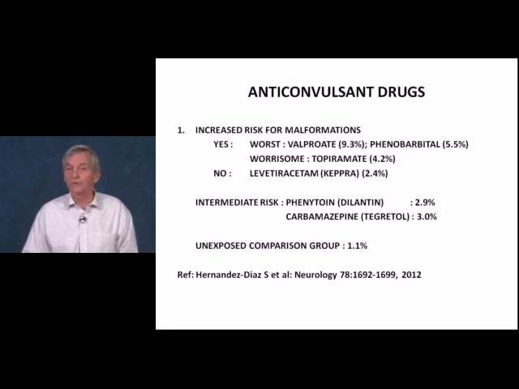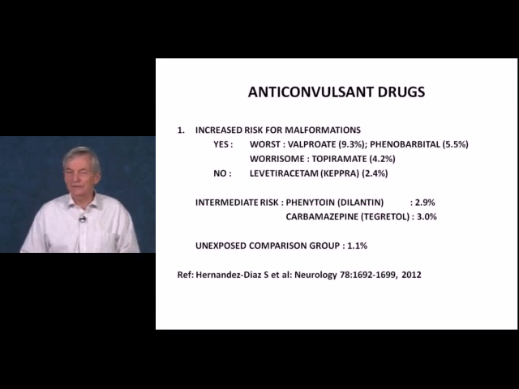So if you have a patient who is exposed to either valproate or phenobarbital, it's fair to be concerned about both the presence of malformations as well as effects on IQ. Valproate has other problems that I'll get to in the subsequent slides, but those two are really number one on the list of concerns.